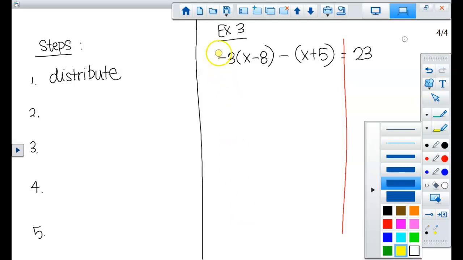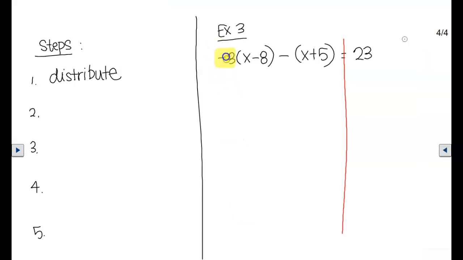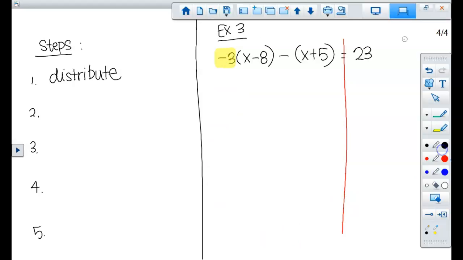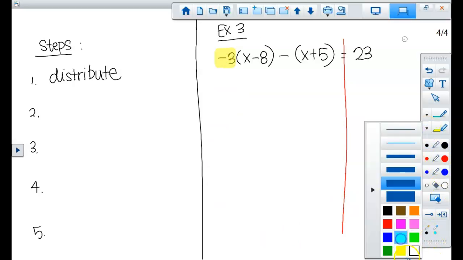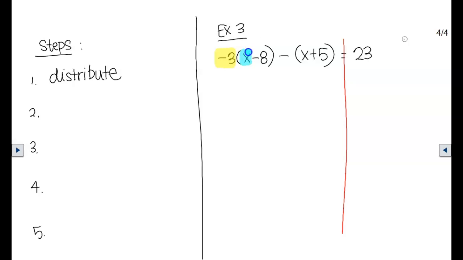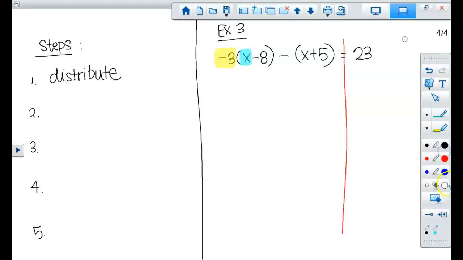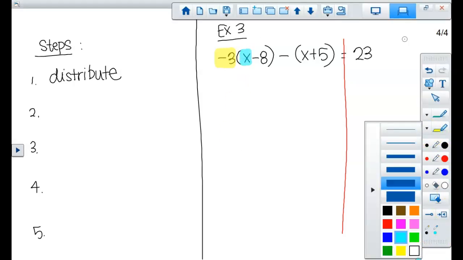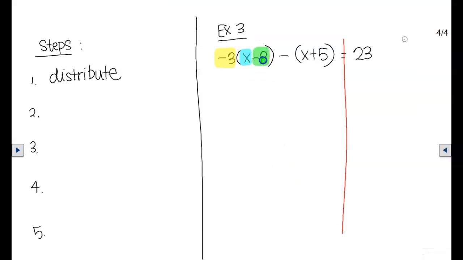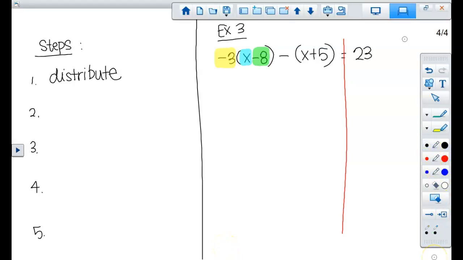Now let's start with this first group. I'm supposed to take the number -3 and multiply it by that group. Well, what are the members? The members of that group are x and -8. So I'm going to multiply -3 by each member of that group.